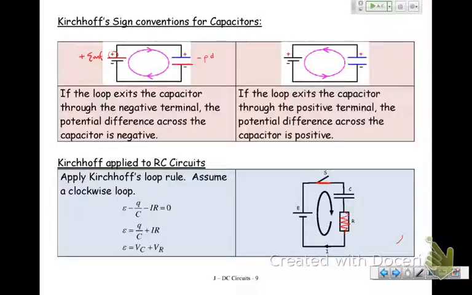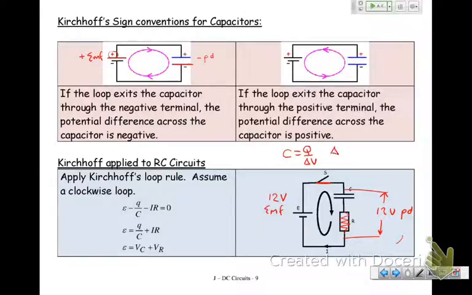So I can tell you, if this is 12 volts, this is 12 volts potential difference. That's 12 volts EMF. But the interesting thing is that the 12 volts is not all applied across the capacitor or all applied across the resistor or 50-50. It depends. The equation that governs the capacitor is the capacitance equals the charge over the potential difference.